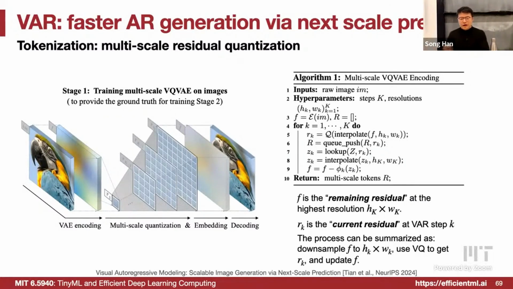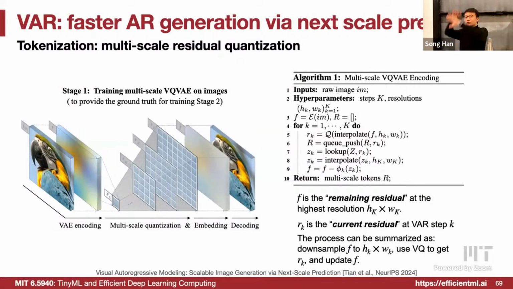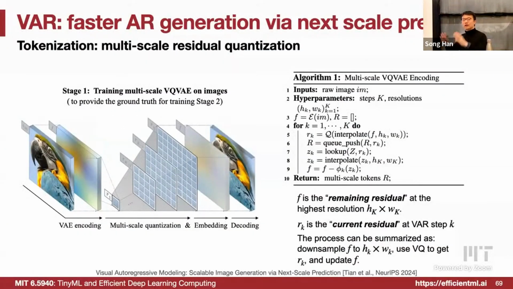And this work called VAR introduced a new order to generate the tokens. Remember the rule of thumb is to try to generate more tokens at a time, not just one token. So what it does is first generate one token, pulling the entire image into a single token, and then 2 by 2, 4 tokens, and then 4 by 4, 16 tokens, 5 by 5, etc. Gradually increase the number of tokens to generate.